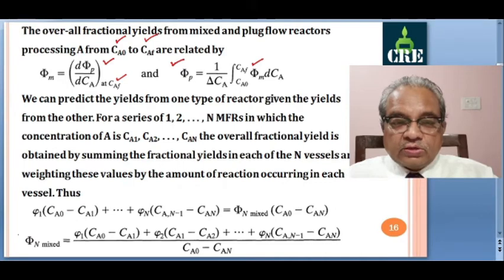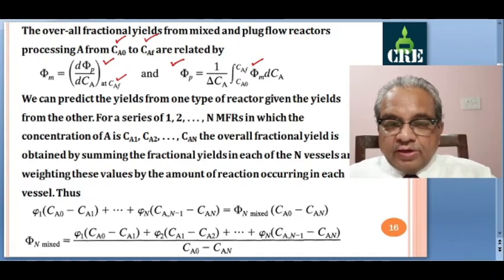So for n mixed flow reactors, small phi 1 times Ca0 minus Ca1, phi 2 times Ca1 minus Ca2, up to phi n times Can minus 1 minus Can. Adding these brackets overall gives Ca0 minus Can.